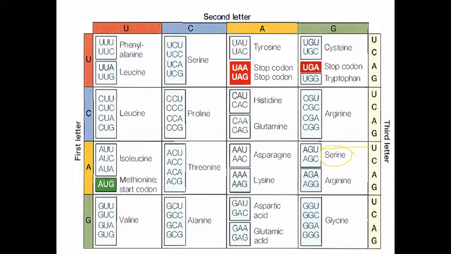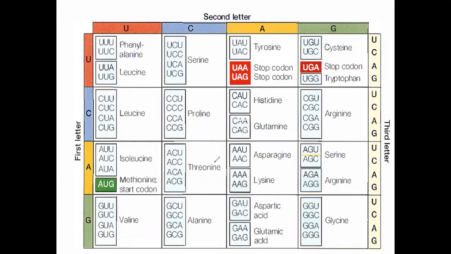Do you have any questions before I move from this table? Yes, ma'am. AGC is also serine. Yes, correct. Remember I was saying that the amino acids are degenerate, meaning that sometimes we have more than one set of codons coding for it. And so AGU and AGC are both for serine.